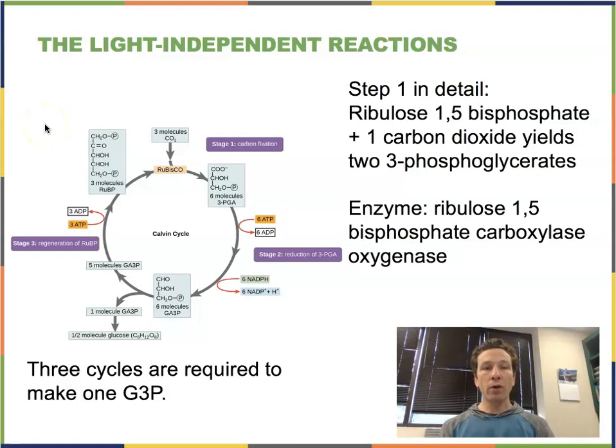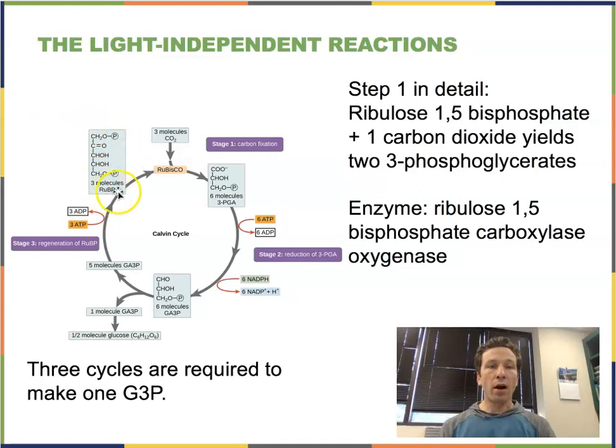So now I will go over this in even more detail with specific names, and I often use this as a bonus question on the second exam, where I will ask students to tell me what are the full names of the reactants, products, and enzyme in the first step of the Calvin cycle.